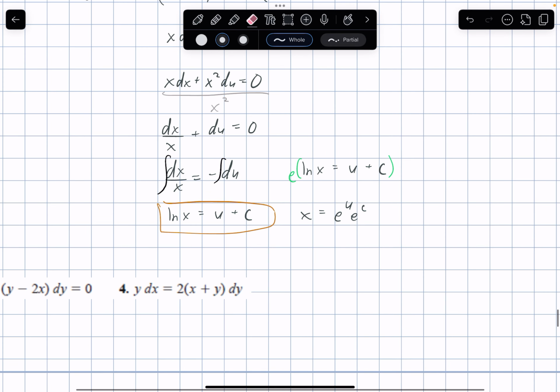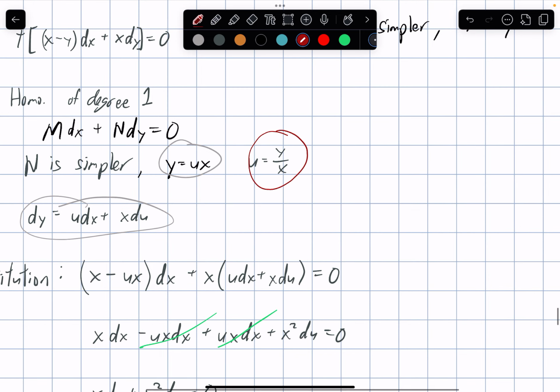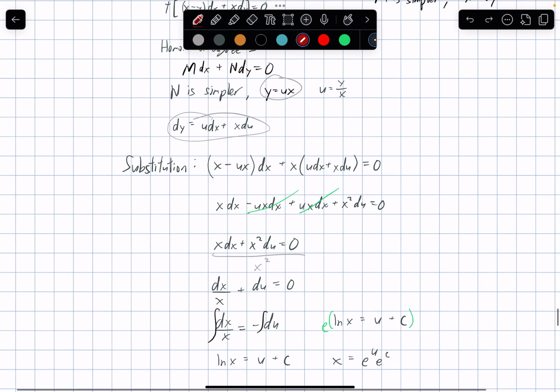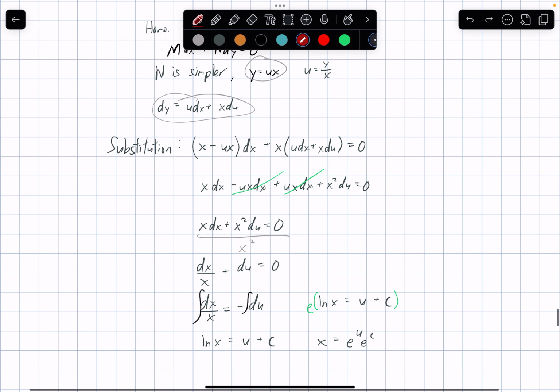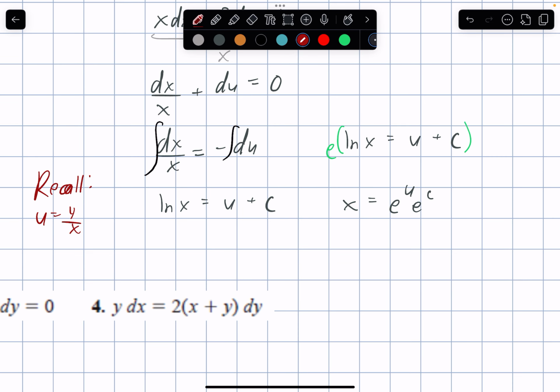Oh, wait. Sorry. I almost forgot this. So we got this coming from y equal to ux. So we actually have to substitute. You're not supposed to forget that. So recall, u is equal to y over x. So substitute: ln x equal to y over x plus c. Okay?